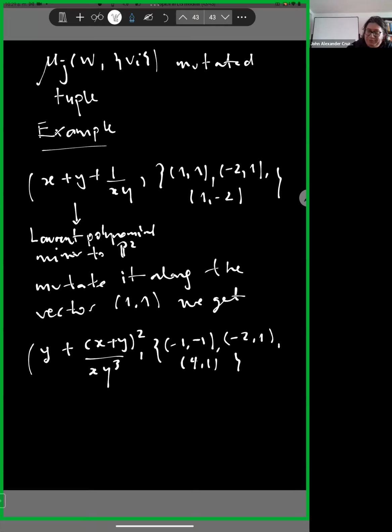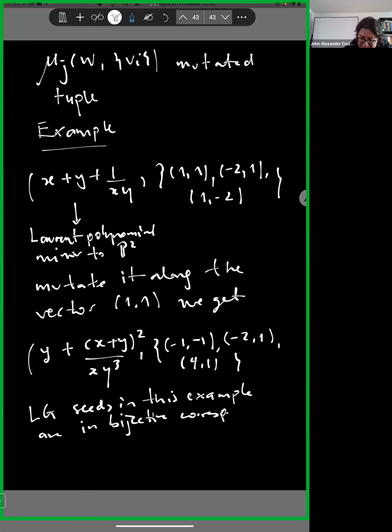But there is also something interesting here: in this example, the Landau-Ginzburg seeds are in bijective correspondence with the solutions of Markov equations.